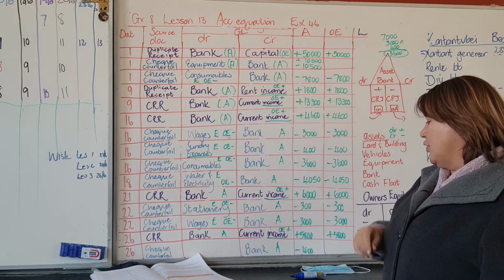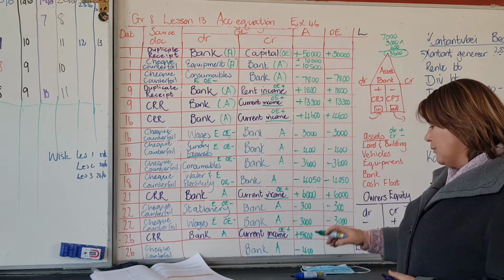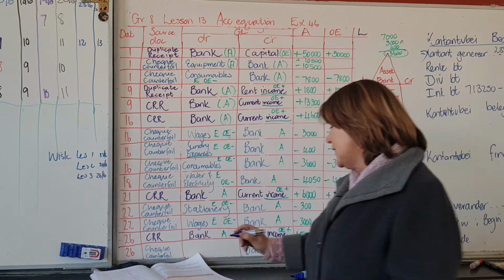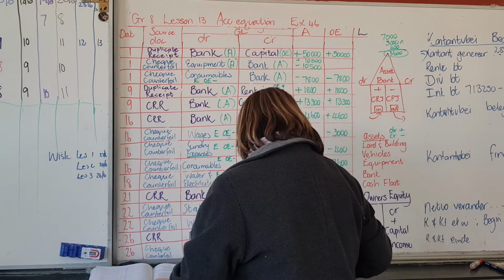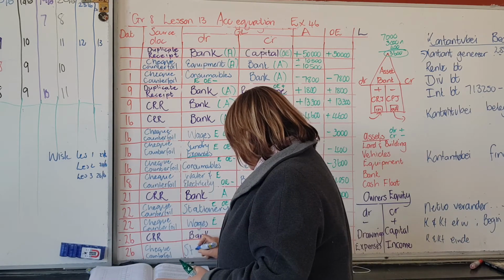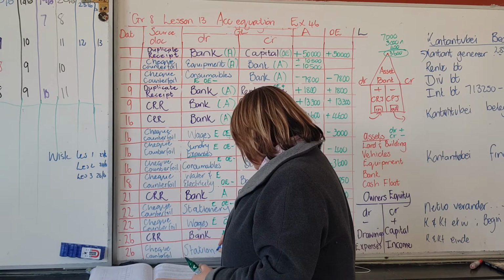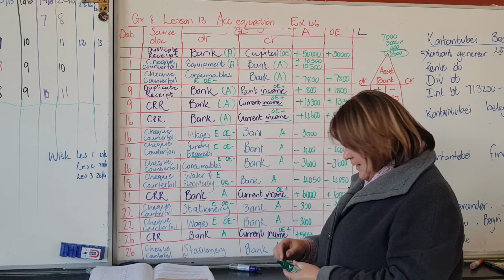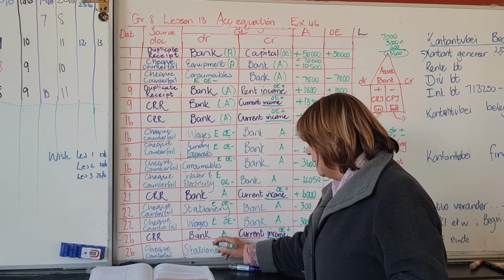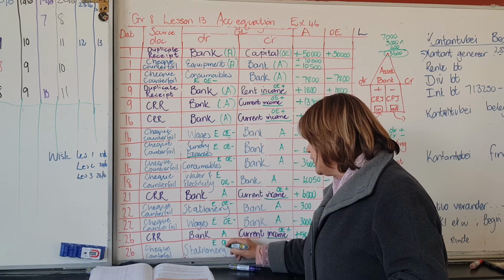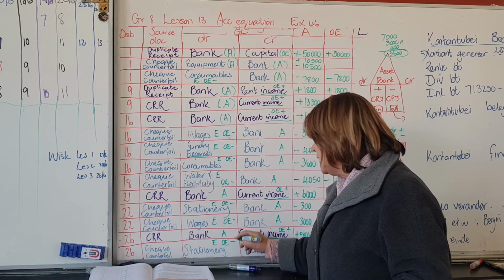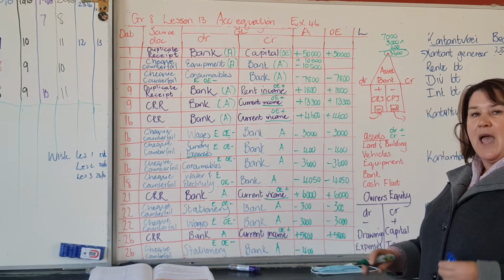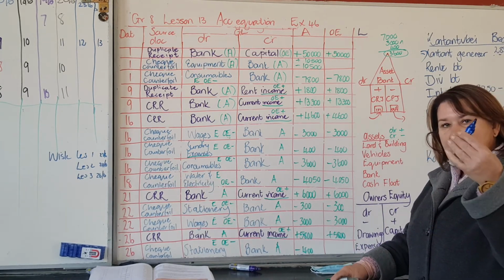Alright, so your bank's going to decrease with 400 Rand. What did you buy with that 400 Rand? You bought stationery. And remember, stationery is an expense. And what does an expense do? It decreases your profit because you take money out of your bank account and you buy stationery.